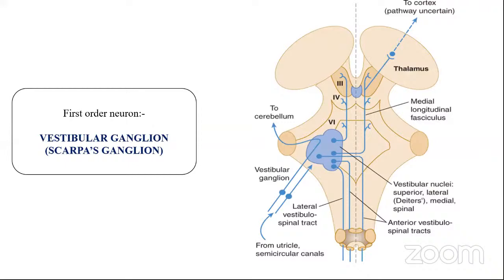Therefore, from the superior vestibular nuclei, fibers go to the sixth, fourth, and third cranial nerves, concerned with eye movements in relation to head movement.